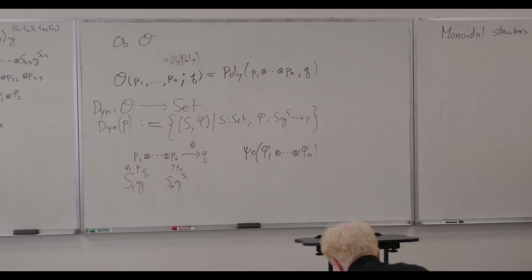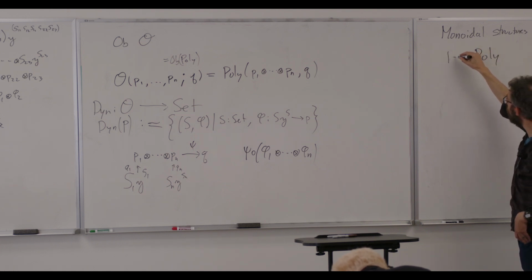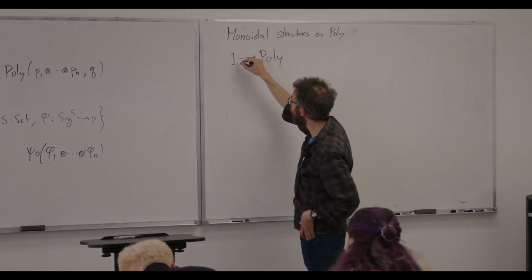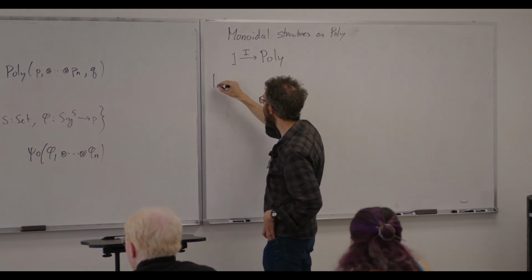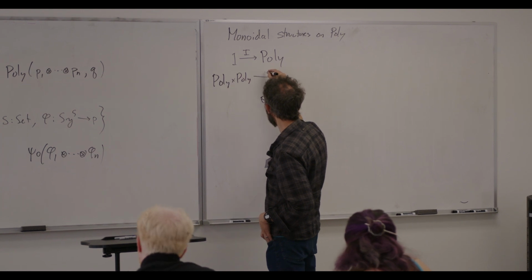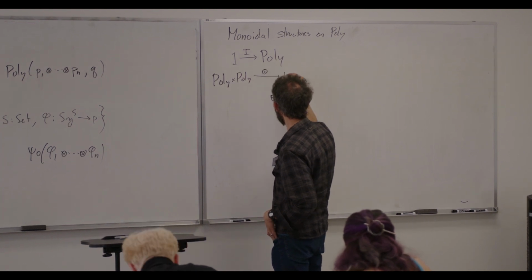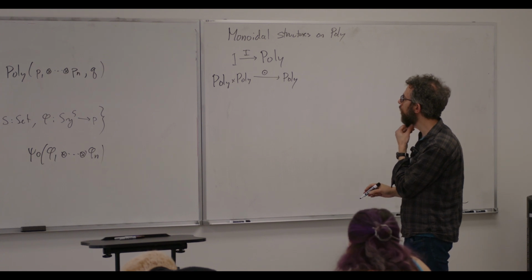Okay, any questions about anything else before we go to monoidal structures? Okay, so a monoidal structure on Poly is like two things. It would be some kind of special object in Poly, the one object, so one polynomial I, and a map from Poly times Poly to Poly that we would call dot or something. And they would satisfy some laws.